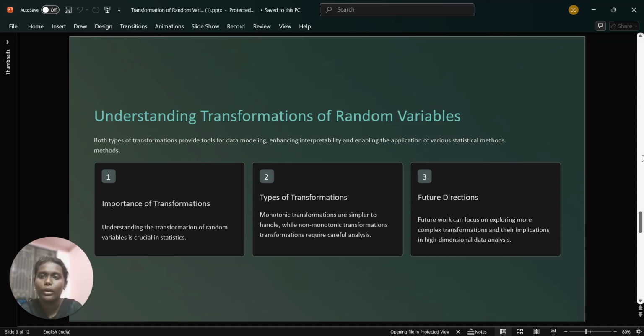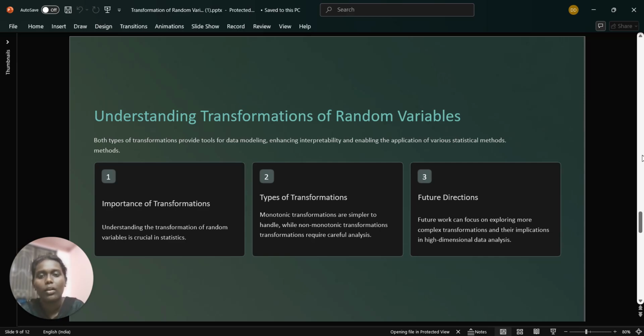Both types of transformations provide us tools for data modeling, enhancing interpretability, and enabling the application of various statistical methods. Primarily, understanding the transformation of random variables is crucial in statistics.